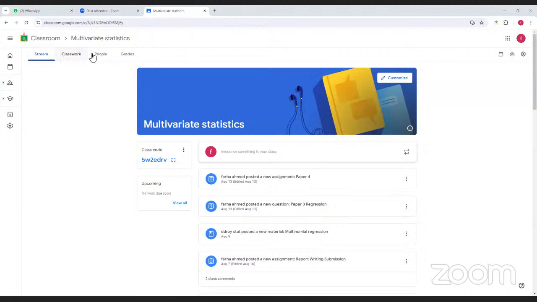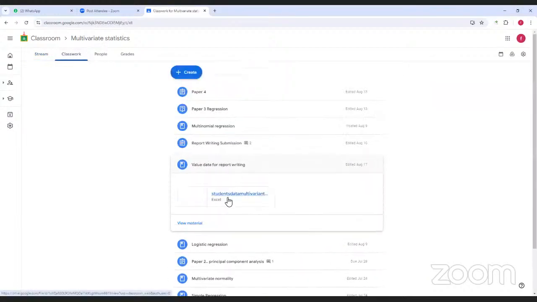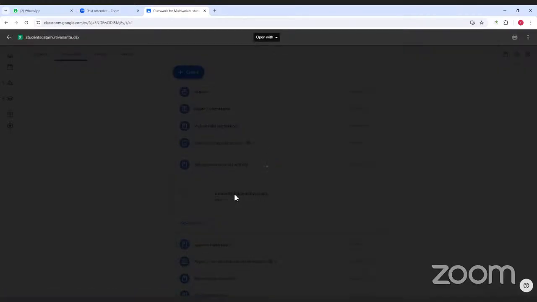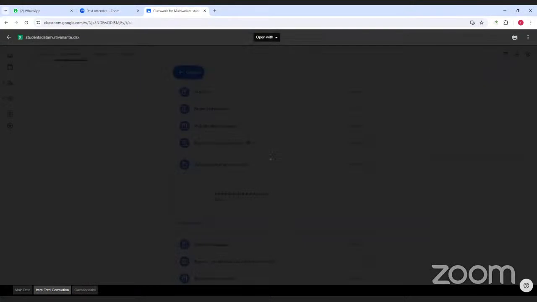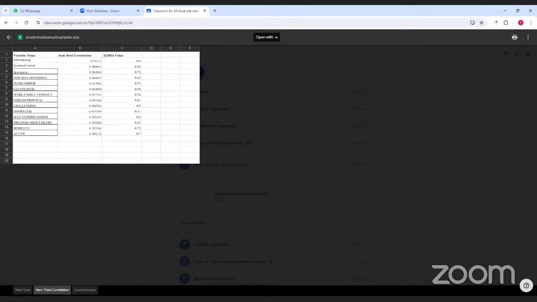So I have pasted it here, this way. So you take from main data. Main data questionnaire is in the third sheet. Item total correlation is in the second.